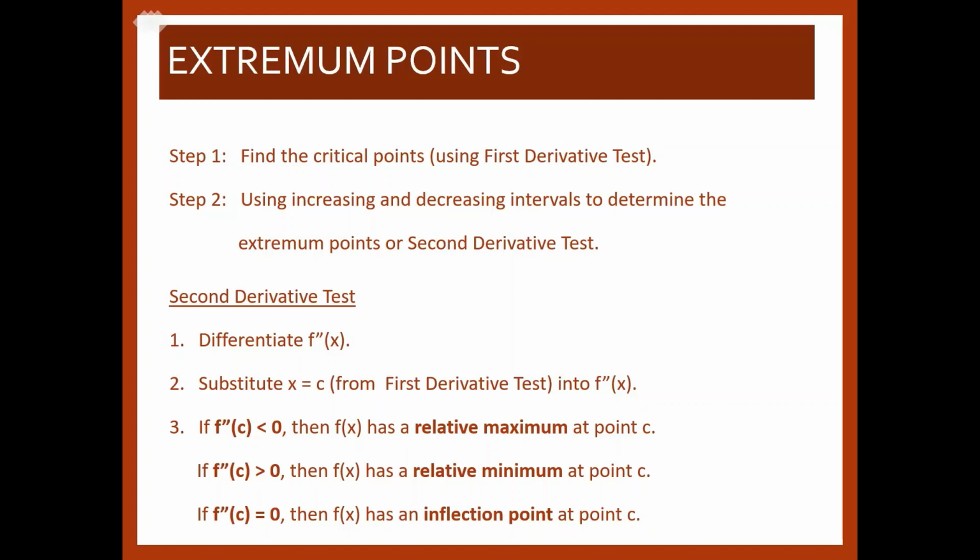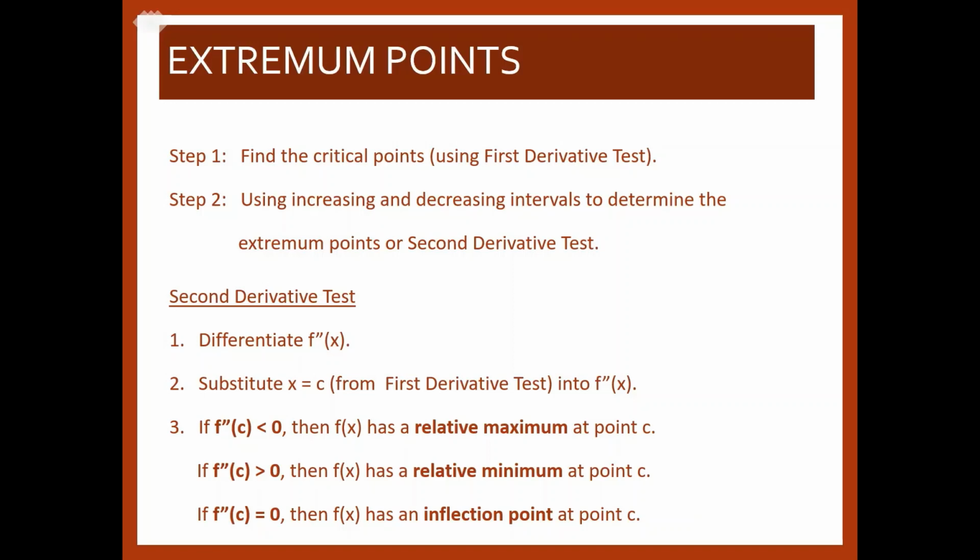You can also use the second derivative test to find the extremum points. By using the second derivative test, you need to differentiate to find f double prime x first. Next, substitute the x values of the critical points into f double prime x.